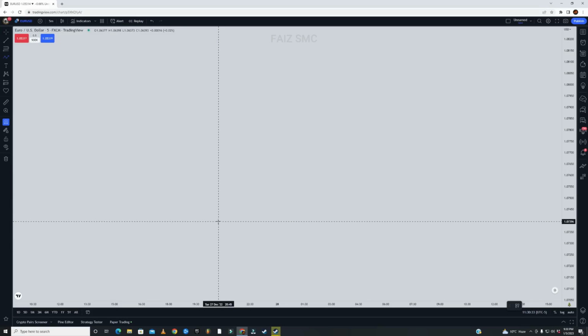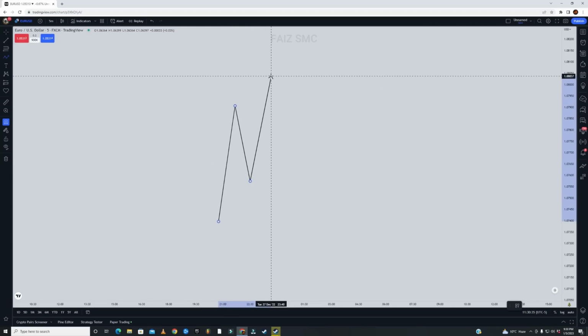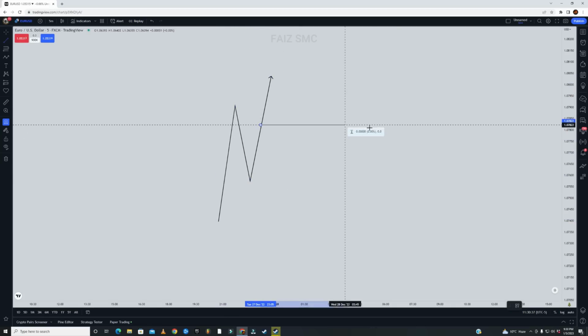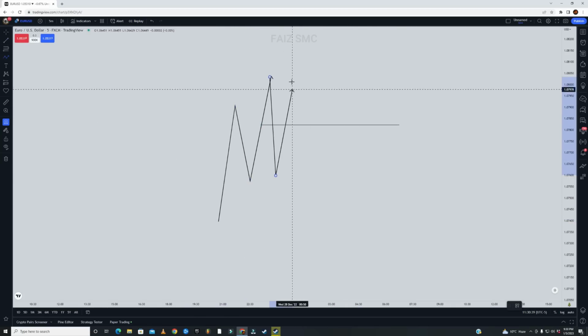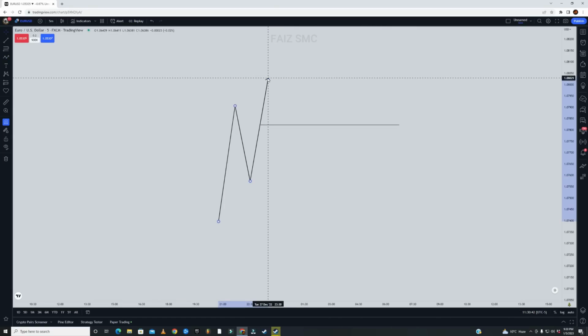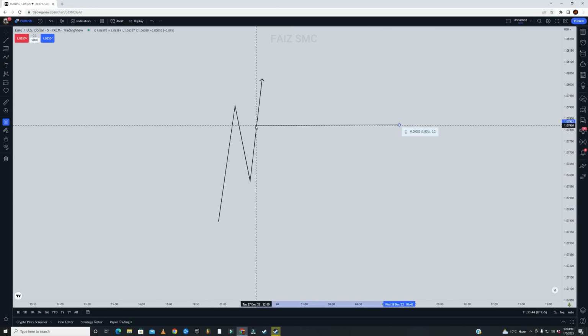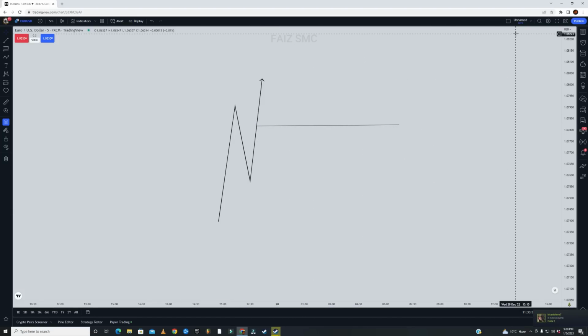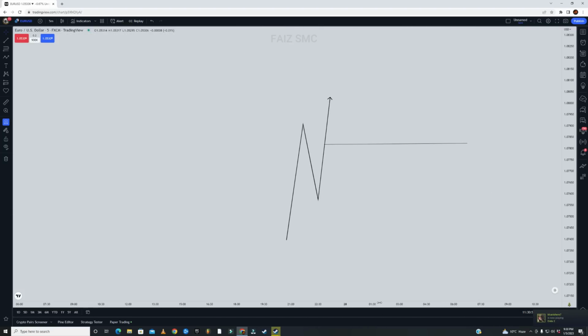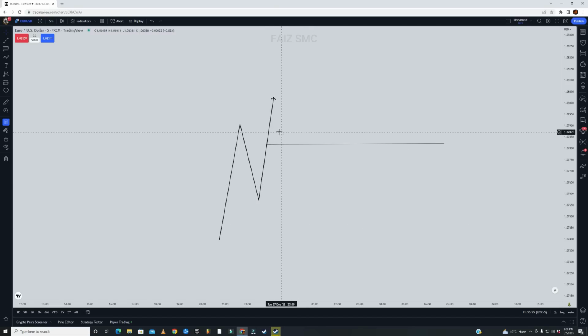In the ABC strategy, we look for A, B, C, and then we wait for market structure shift, and then we take our entry. If you want to learn more about the ABC strategy, I have a lot of videos on my channel. I will try to link them in my video description, but for now, I'm just going to tell you how you can combine them and use them together.